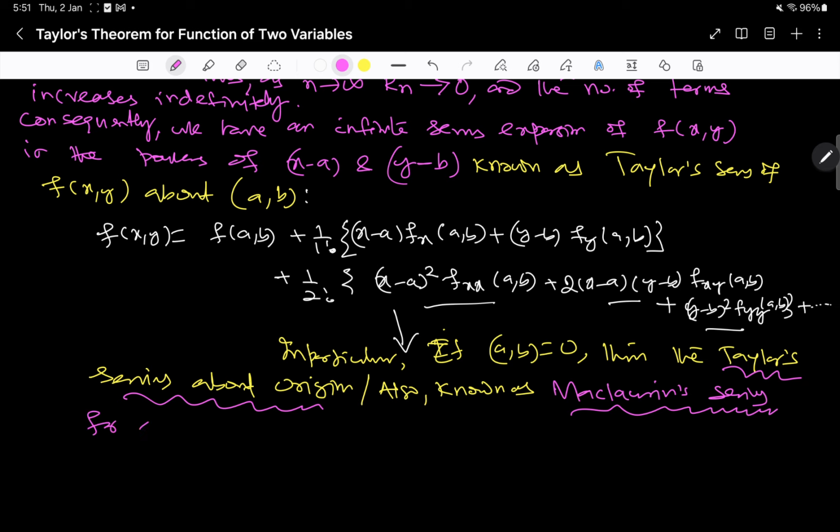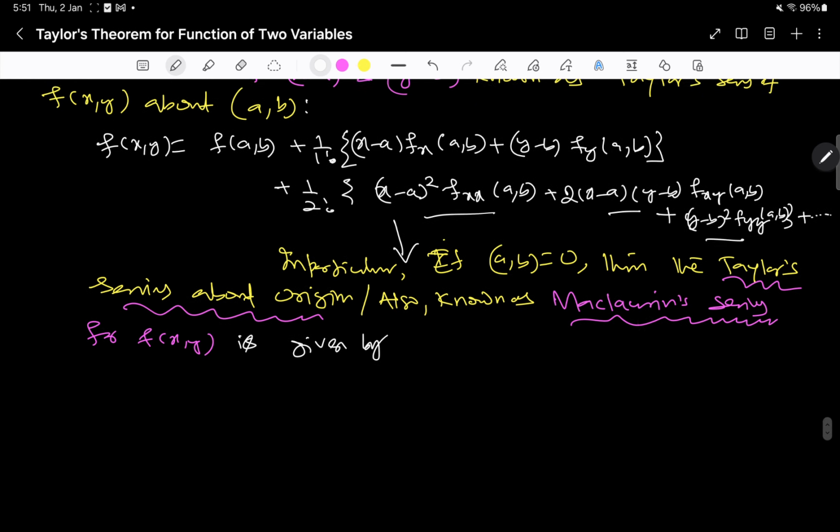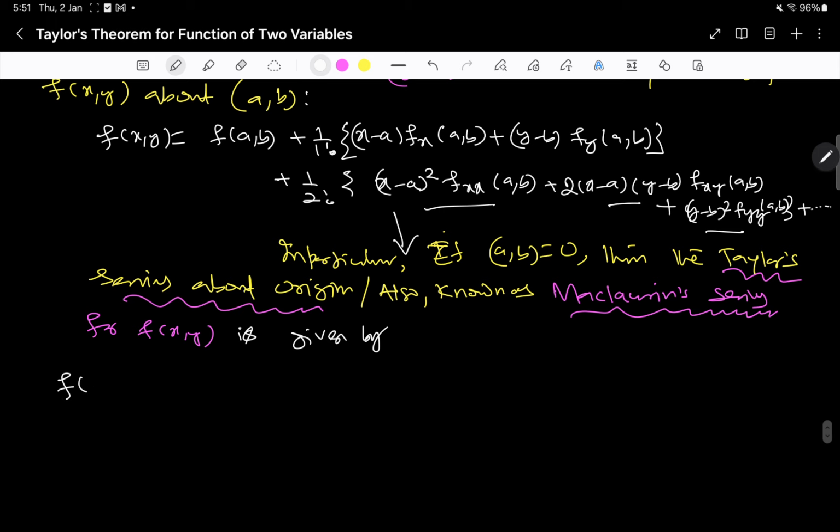For f(x,y) it is given by f(x,y) is equal to f(0,0) plus x fx(0,0) plus y fy(0,0), right?